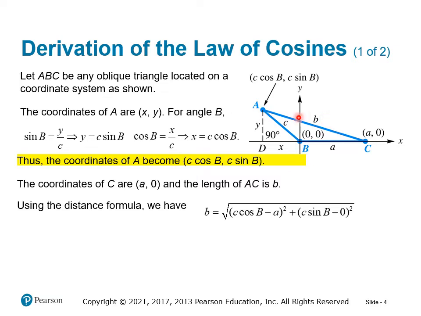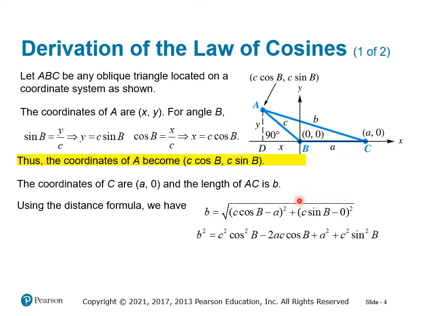Okay, so if we want to know the distance of the line segment AC, this is the distance between point A and point C, and so we can use the distance formula, which is the square root of x2 minus x1 squared plus y2 minus y1 squared, and again the whole square root of that.